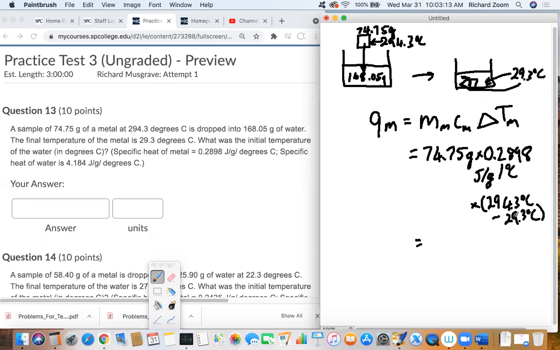When we do all that, we come up with a value for the heat released by the metal into the water.